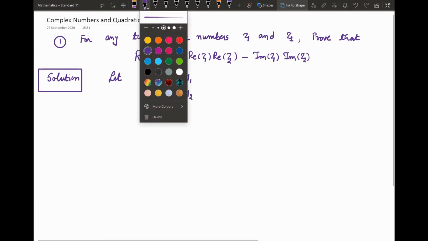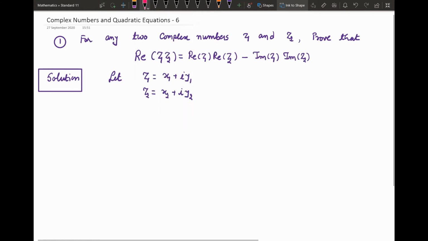Therefore, for Z1 and Z2, real part of Z1 is x1, real part of Z2 equal to x2, imaginary part of Z1 equal to y1, and imaginary part of Z2 equal to y2.